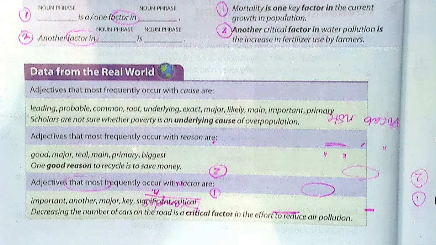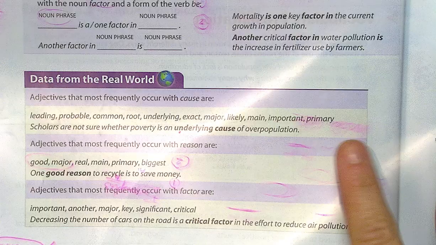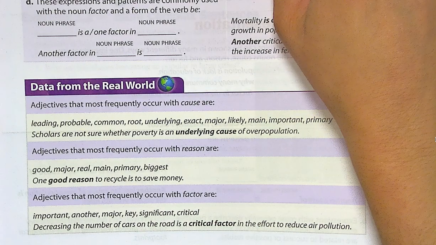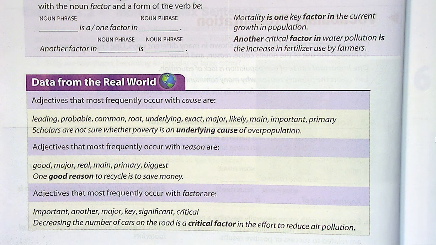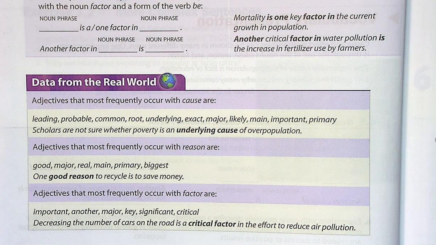If we look at our data from the real world section, we can see that this is a vocabulary note. It's not actually a grammar note, it's a vocabulary note about the adjectives that most frequently occur with these noun words.